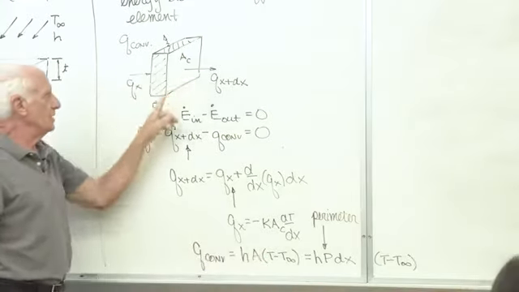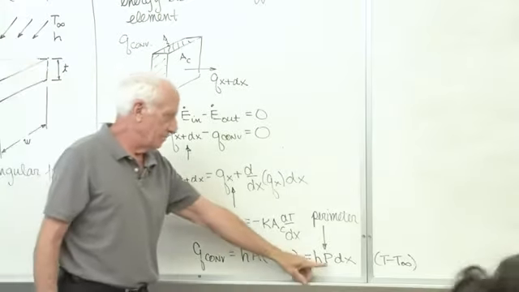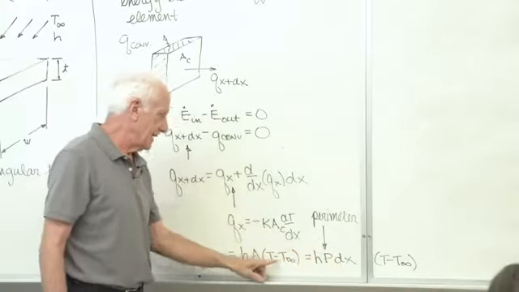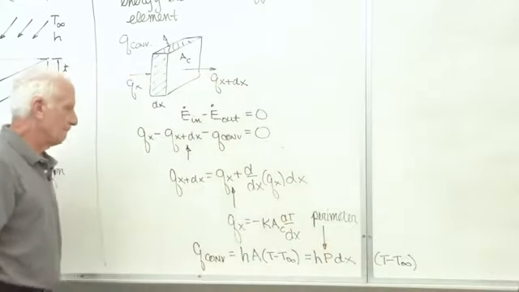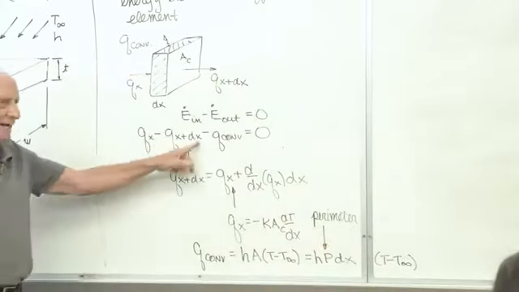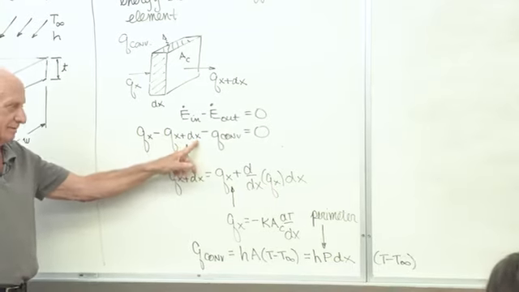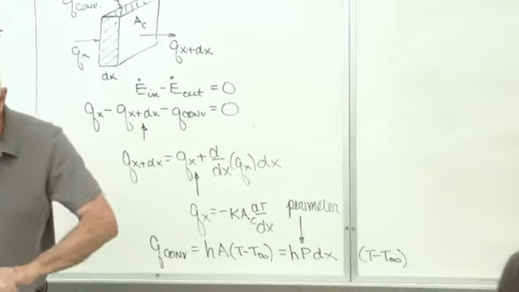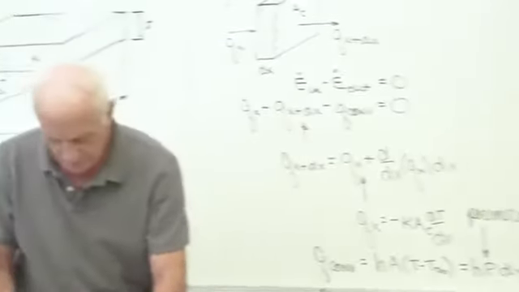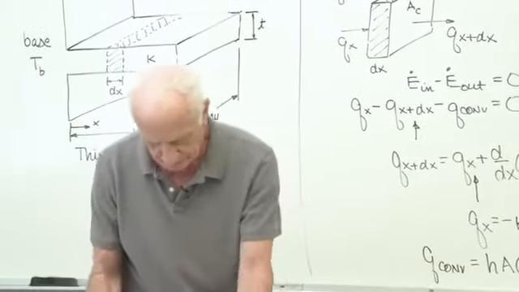It's the perimeter times dx. Perimeter times dx, that's the area, times (T minus T infinity). Put those three in here and simplify. And when you do that, you end up with the following.